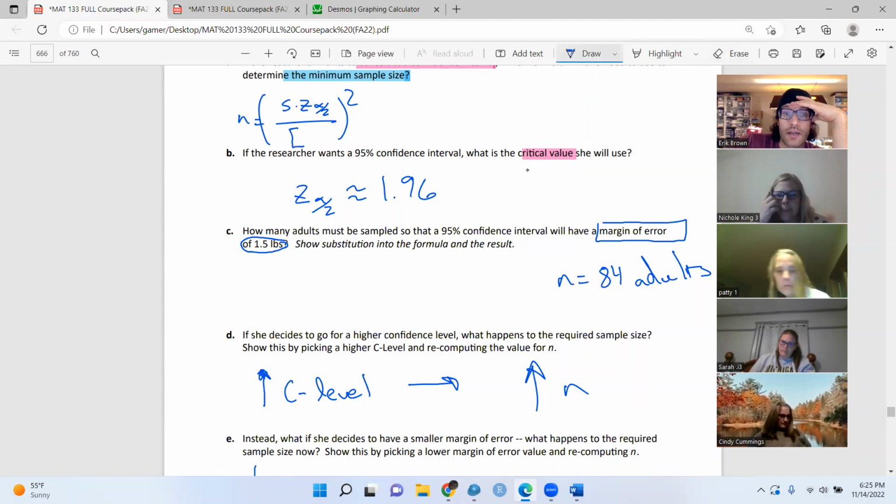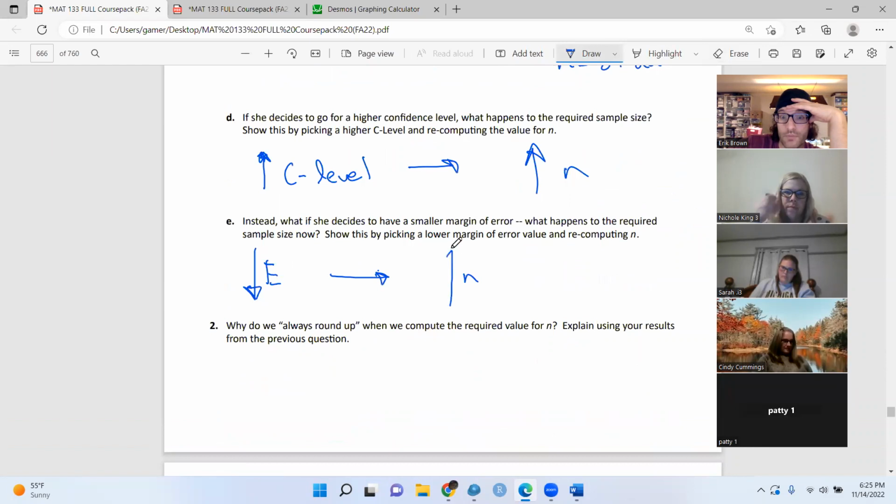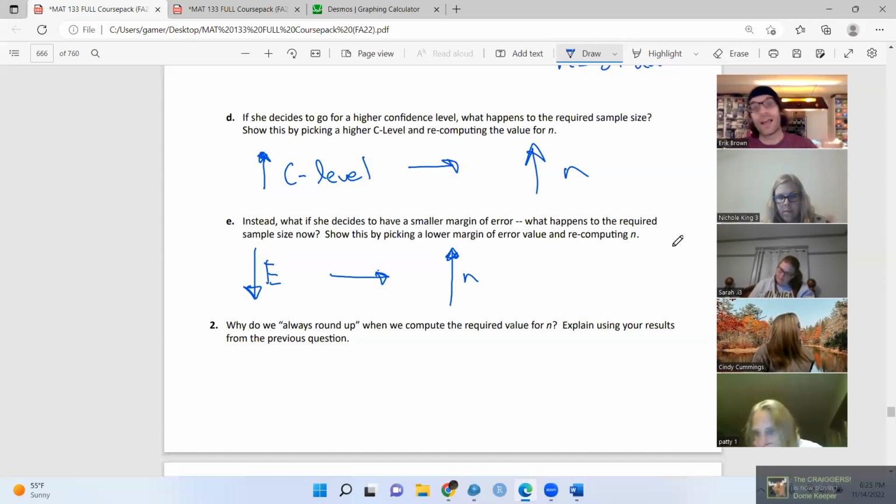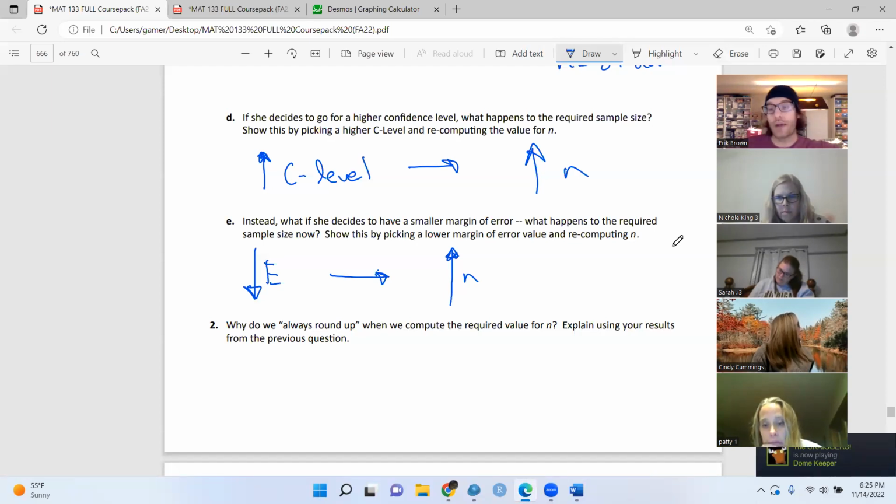That's going to make the sample size become larger. Another common sense way to think about that is if we want to narrow the scope of our possibilities, if we want to make the possible values for the parameter in a tighter grouping, that's what margin of error does. It brings the confidence interval closer together. Then we have to have sample sizes that are closer to the population size. We have to have more accurate sampling.